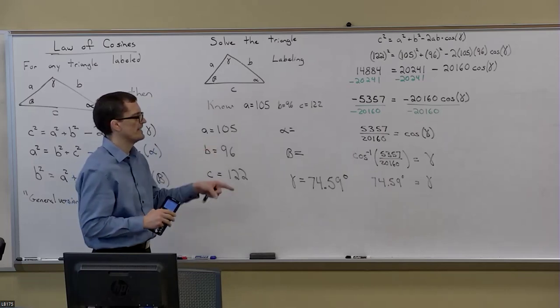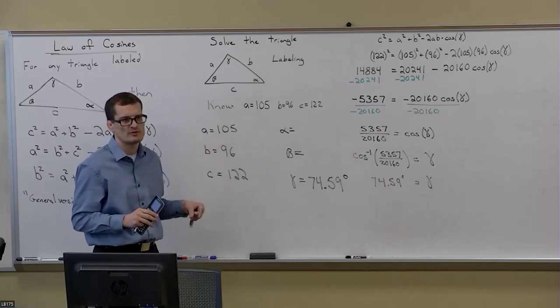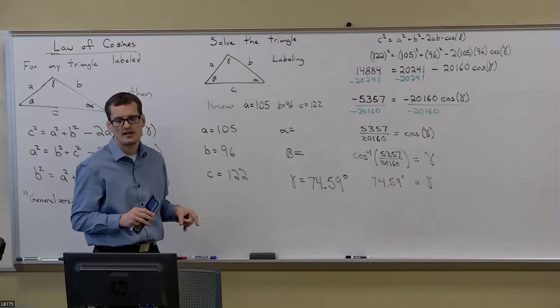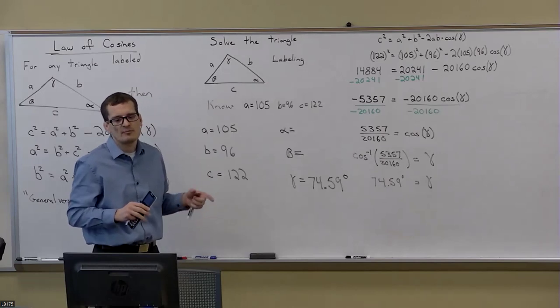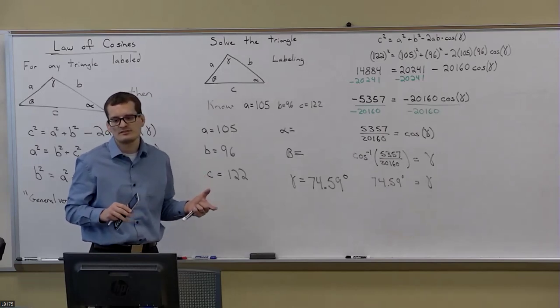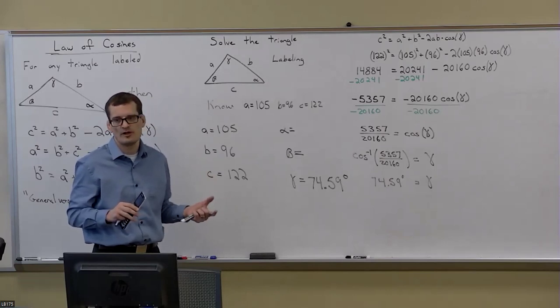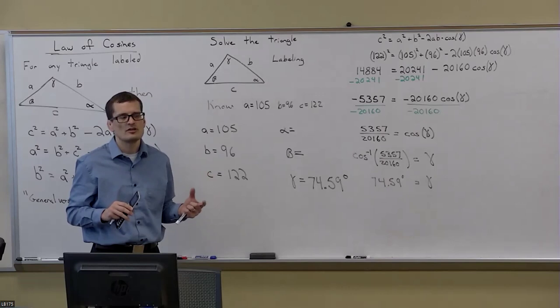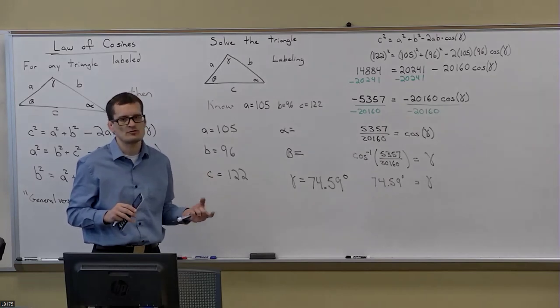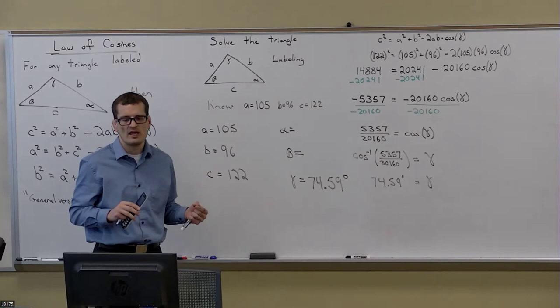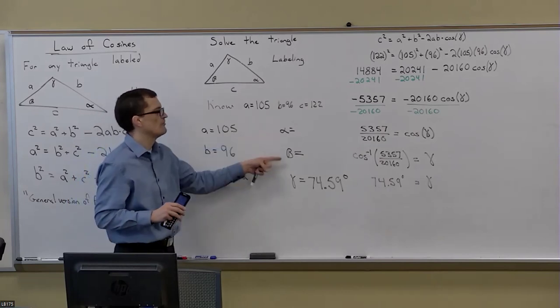Notice that took a minute to find gamma. There's some algebra involved there. Okay, and I gave pretty nice numbers. They weren't the nicest ever, but they were pretty nice whole numbers that we were using. You can imagine if you get into decimals, rounded to 2 decimal places, that gets pretty involved. Now, how am I going to find my alpha and my beta?